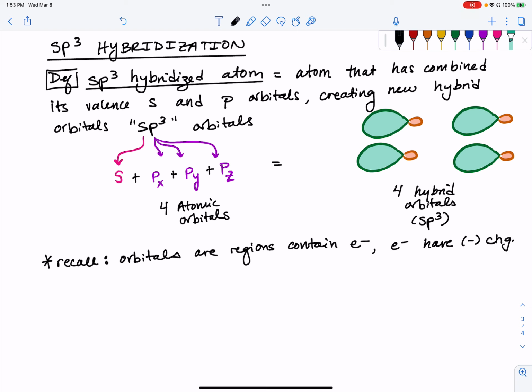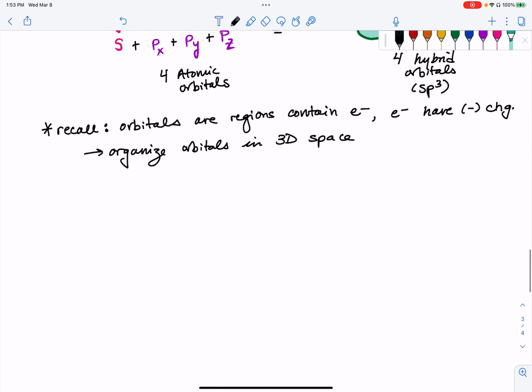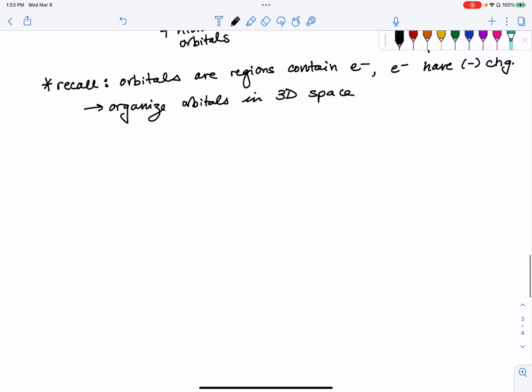So if I want to organize my orbitals in 3D space in a way that recognizes the fact that all of those orbitals contain negatively charged things, then those orbitals better be oriented as far away from one another as possible.